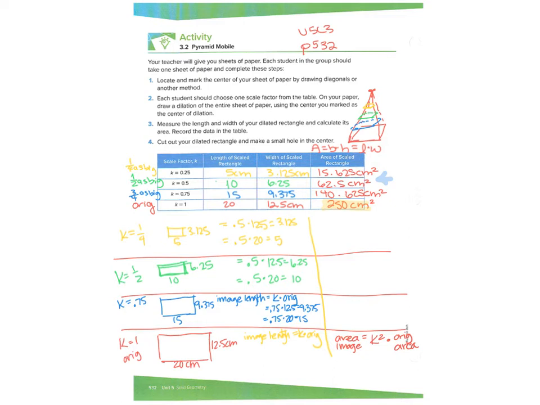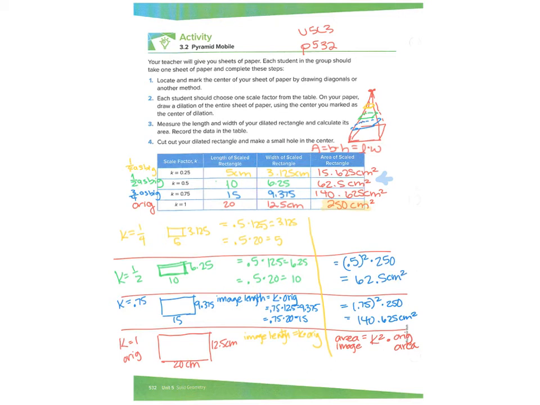So for the blue one, for example, if I did 0.75 squared on my calculator and multiplied by 250, I would get the 140.625 you see up above in my table. So now let's do my 0.5 or 1/2 squared times my original 250, and you'll see that my answer is not 125, but it's 62.5 centimeters squared.